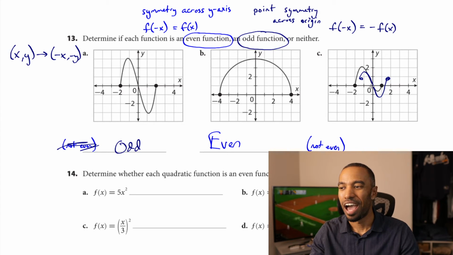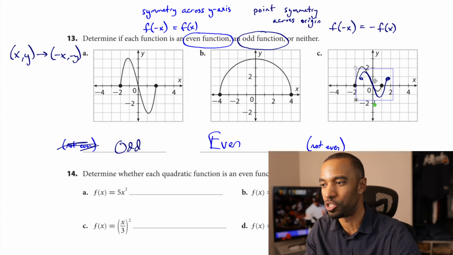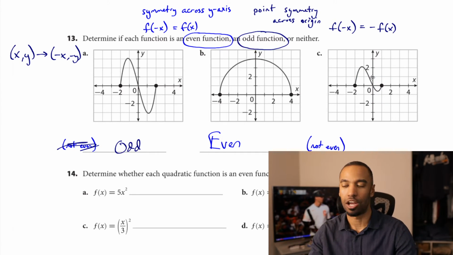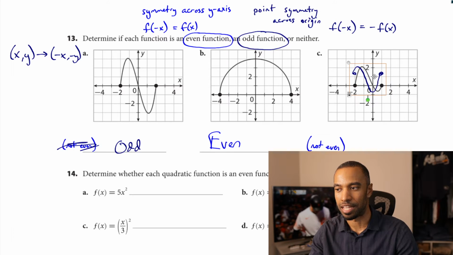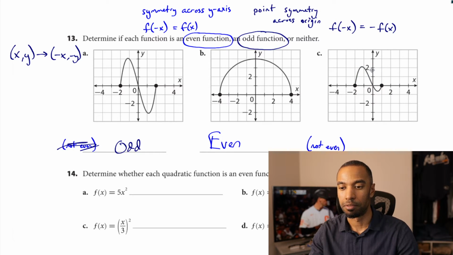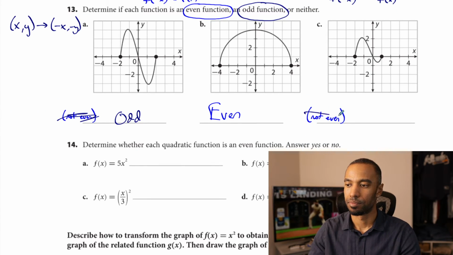I don't know if I'm rotating around the origin there. If you rotate around the origin, you should get something different. Oh, I know what it is. It should look like that. So that's not 180 degrees there. It's not the same graph out, and that's not odd. It's not odd. It's not even. It's neither odd nor even.